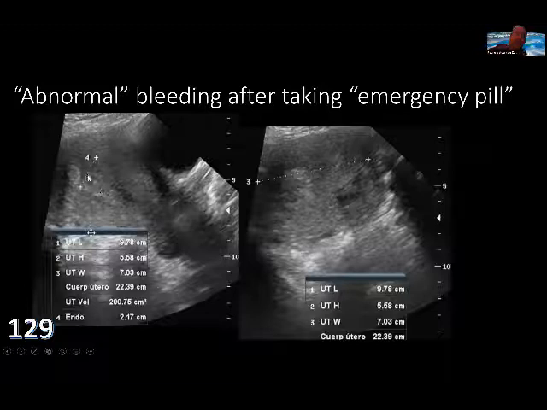Abnormal bleeding, which is not abnormal, is highly predictable, of a not that early pregnancy, probably, which doesn't show here, but is consistent with the process of thinking that she had been taking the emergency pill.